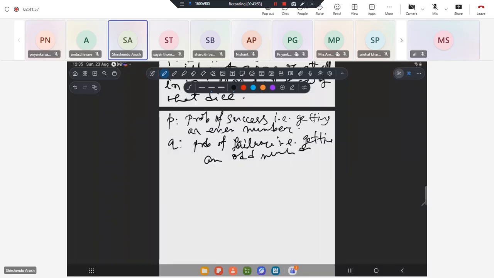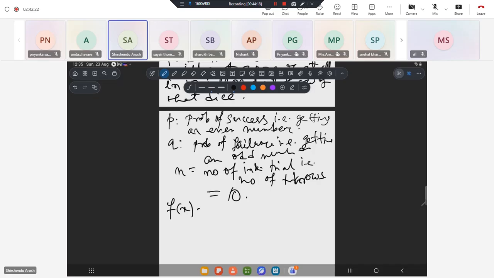Actually, not an even number. Right? n is the number of independent trials, that is the number of throws. That we know. n is known, p and q we do not know, since the dice is defective, we cannot tell. So it is 10Cx p to the power x q to the power 10 minus x.